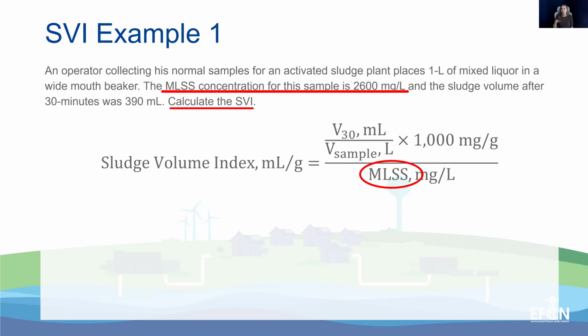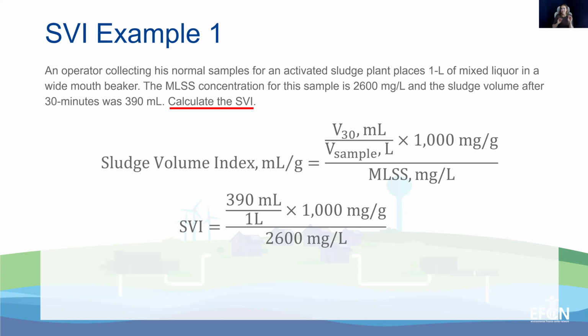So we can simply plug all these numbers into our equation. The V30 will be 390 milliliters. The V sample will be 1 liter. We'll multiply this by 1,000 milligrams per gram and divide that whole thing by 2,600 milligrams per liter.